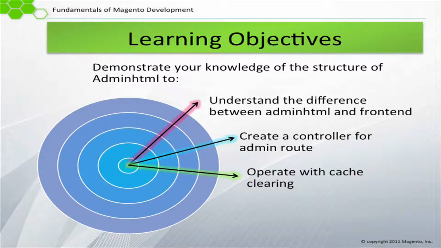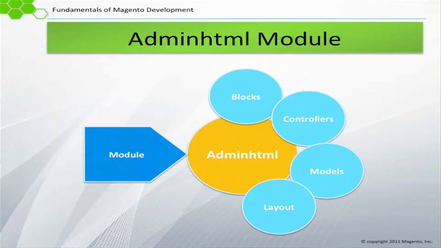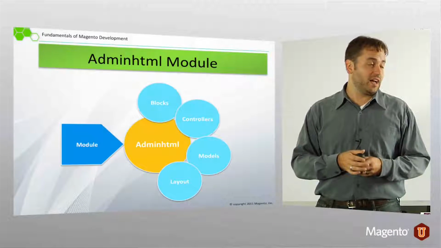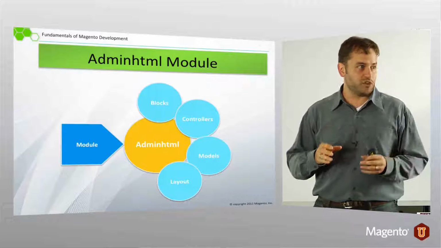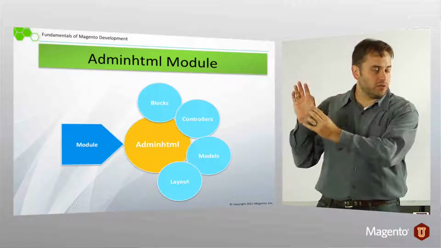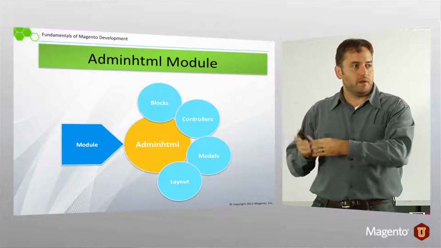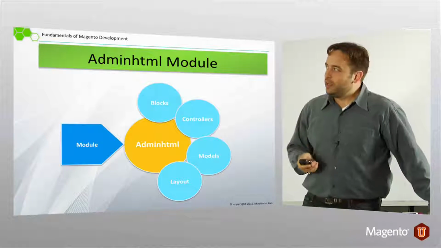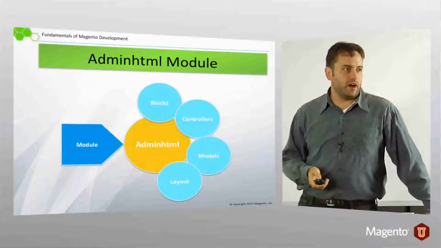So, Adminhtml. Everyone by now I know has seen the Adminhtml panel, and the first thing that we have to revisit is the Adminhtml module. So you'll recall in our modules and in other modules in the core, we have this nice, pretty presentation of namespace, module name, and then blocks, controllers, helpers, models, and then our files underneath that.